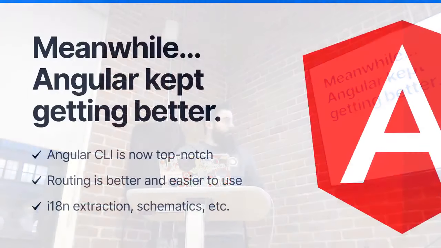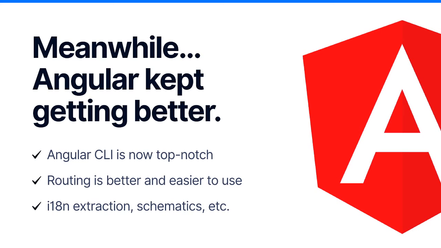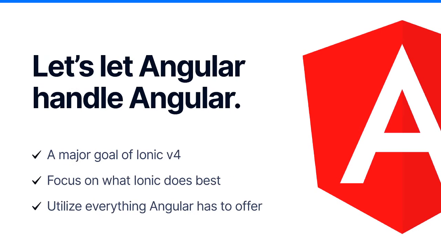So as we were building out Ionic 4, we wanted to take a step back and think about what we can do to make Ionic take a second seat and let Angular handle all the big pieces. Handle all the routing, handle all of the tooling. And we just focus on components because, frankly, that's what we do best. Everything else just had to be built. But Angular has stepped up and has built those features.